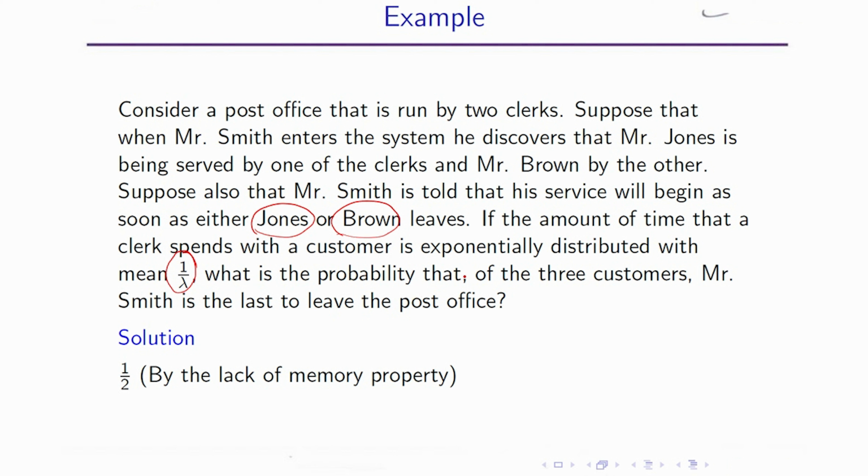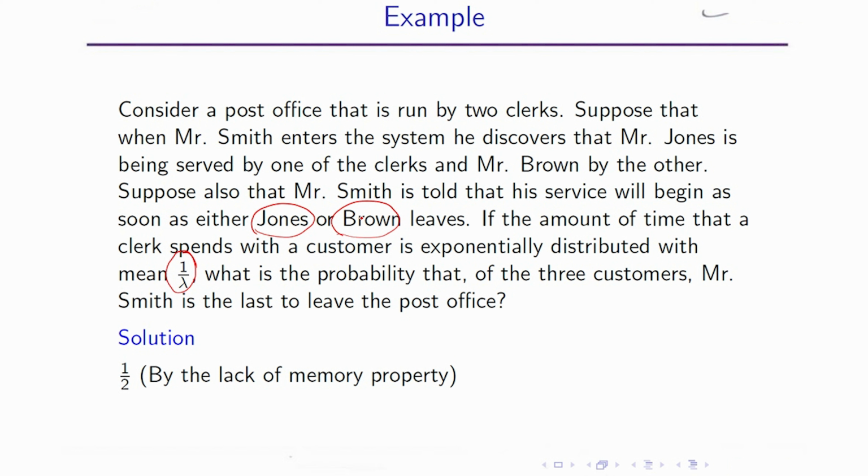Because we know that the exponential distribution is memoryless, remember that when Mr. Smith enters the system, Mr. Jones and Mr. Brown are being serviced. Mr. Smith will only be serviced when Mr. Jones or Mr. Brown finishes their service.